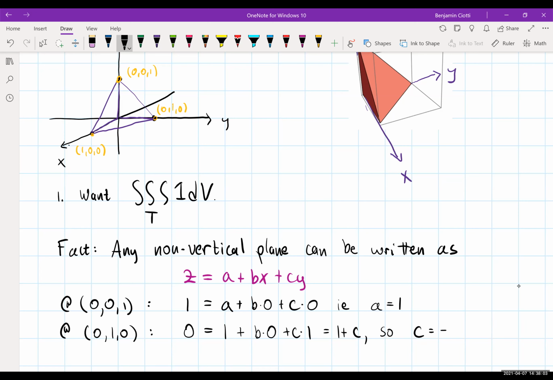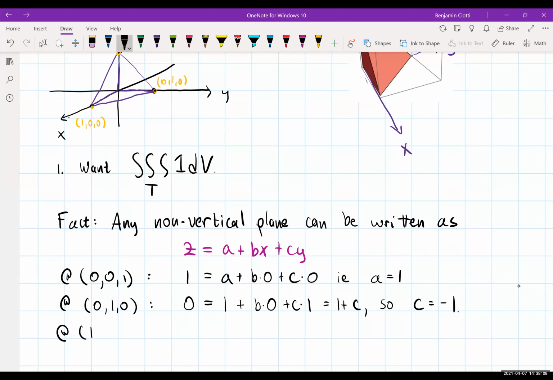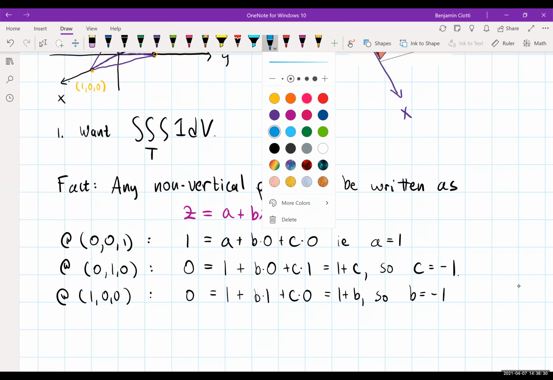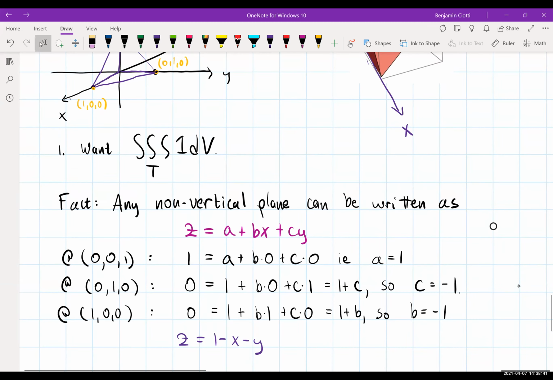So apparently C is -1. And at 1, 0, 0, I will get 0 equals 1 plus B times 1 plus C times 0. So B is -1. So I actually found the formula. It's z equals 1 minus x minus y. That's that face.